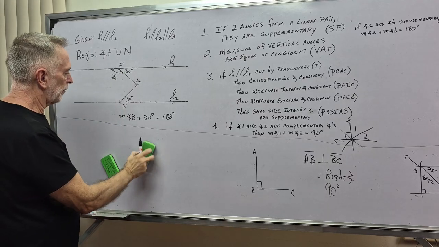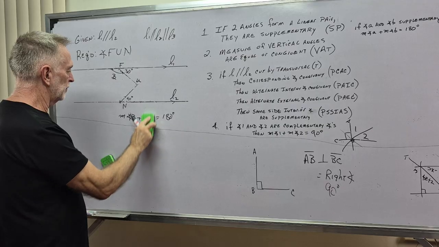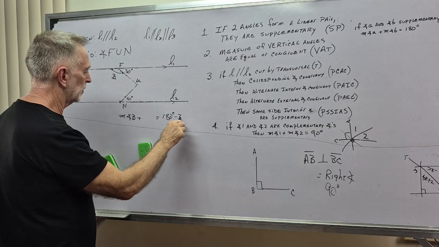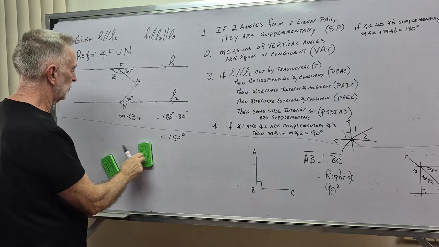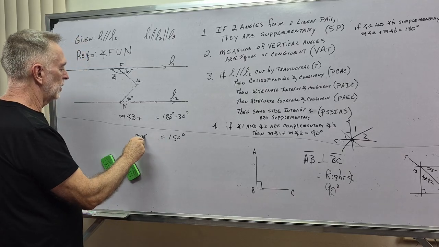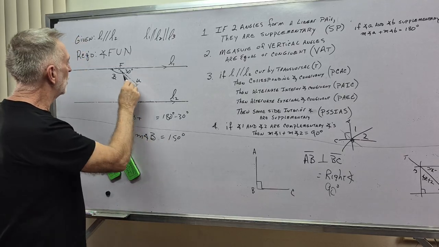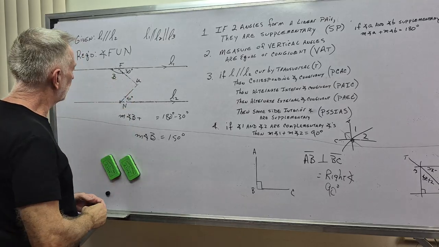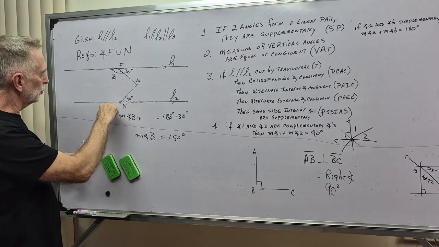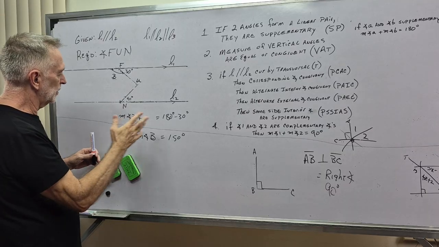So if I subtract 30 from both sides, that would give me 150 degrees. So the measure of angle beta, this entire angle, is 150 degrees. Let's do the same thing down here.